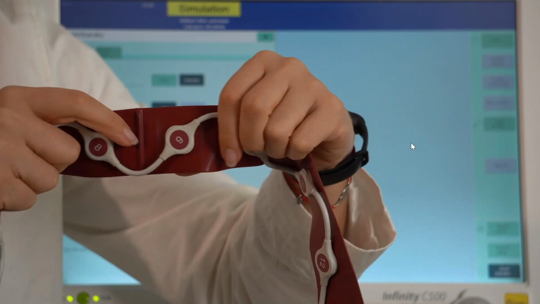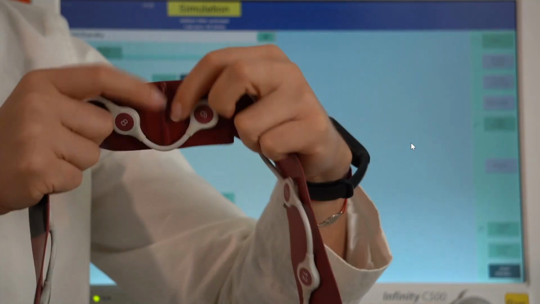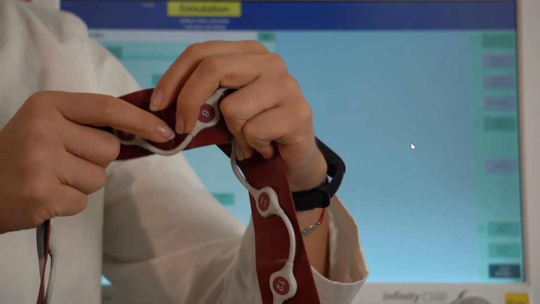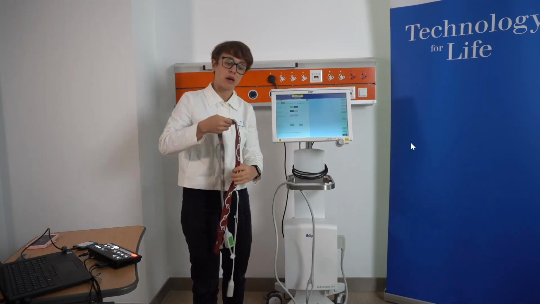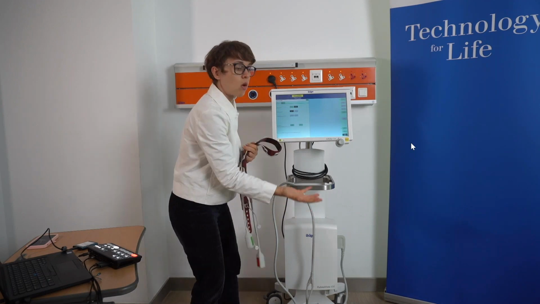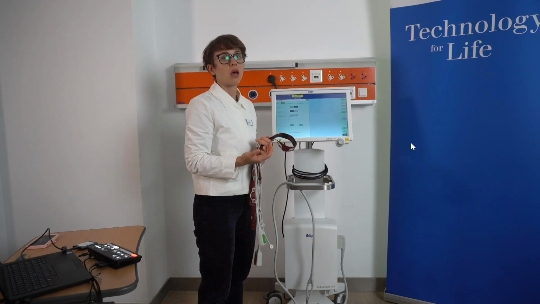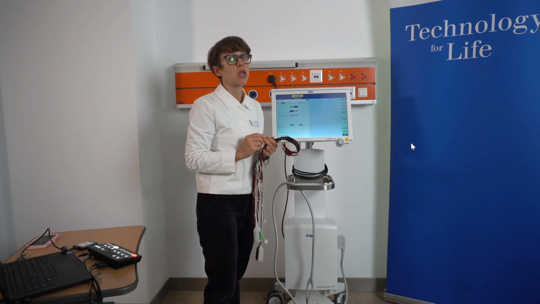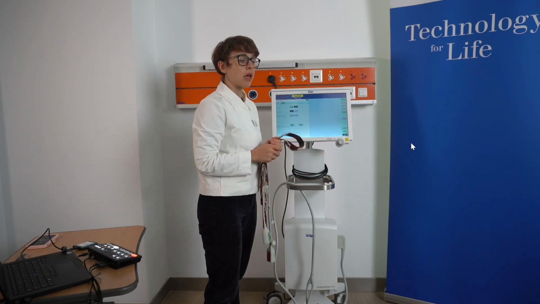So basically, this is the medium position that needs to be on the patient's spine. You would still need two nurses in order to put the belt onto the patient. One nurse might not be strong enough to do that, because one person needs to hold the patient and the other person needs to slide the belt.